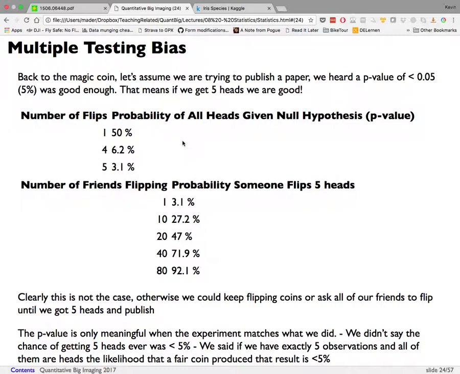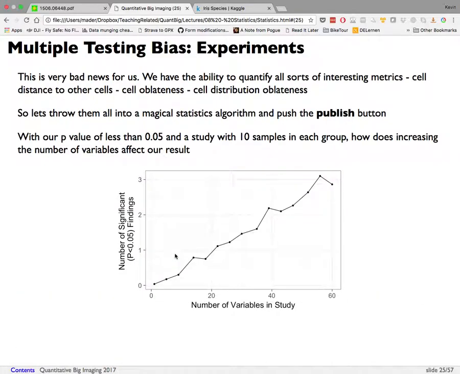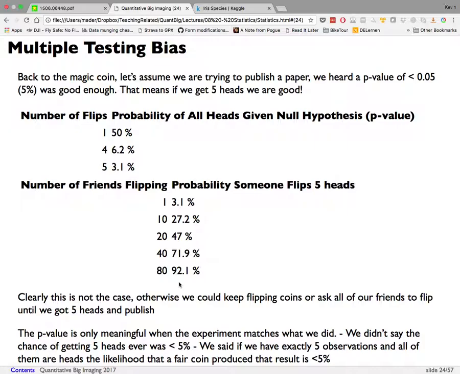If it's just you flipping coins, the likelihood that you get 5 heads in a row is 3%. But if you now have 10 people flipping coins, that goes up to 27%. If you have 20, 40, and if you get to 80 people, so if you think about these large automated experiments, the likelihood is 92% that someone finds something significant.